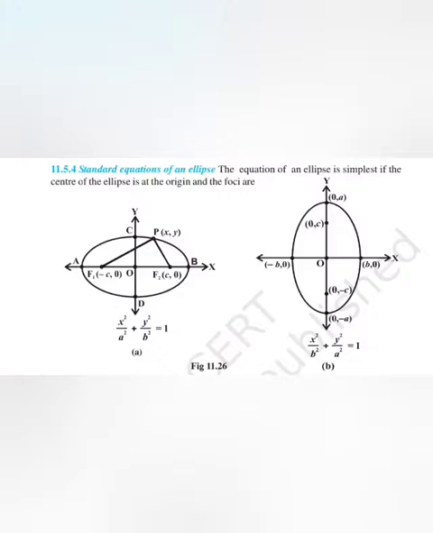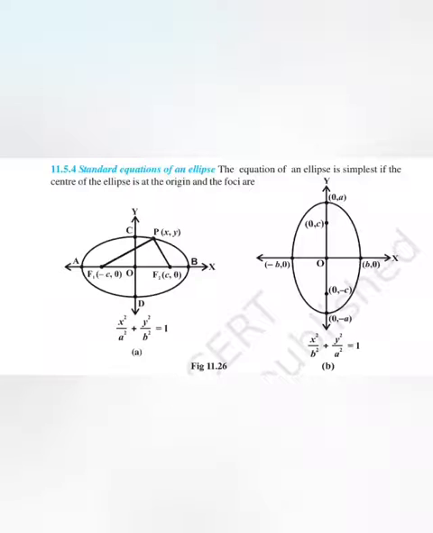If the major axis of the ellipse is along the x-axis and the minor axis is along the y-axis, also the center of the ellipse is at the origin, and the length of the major axis is equal to 2a and the length of the minor axis is equal to 2b, then the equation of the ellipse is x²/a² + y²/b² = 1.